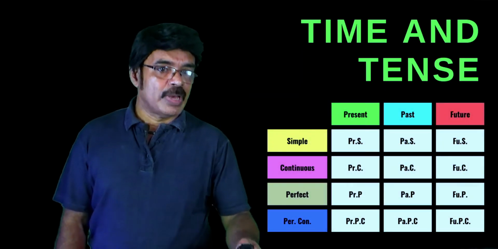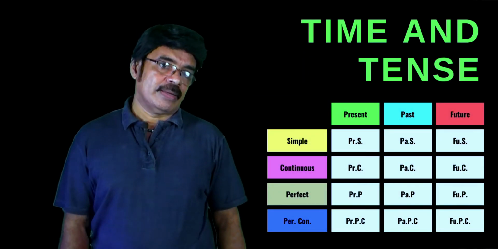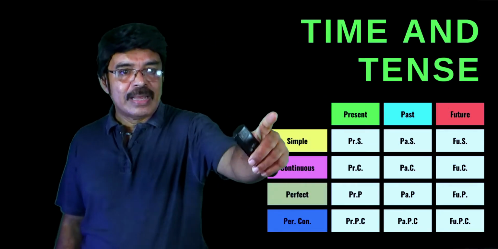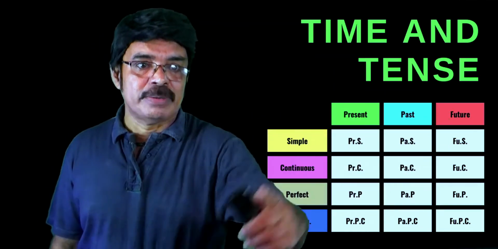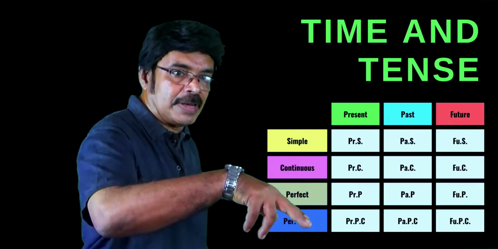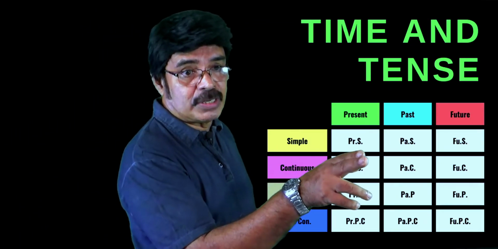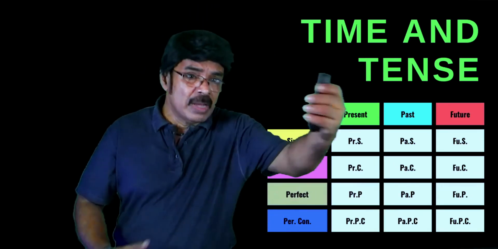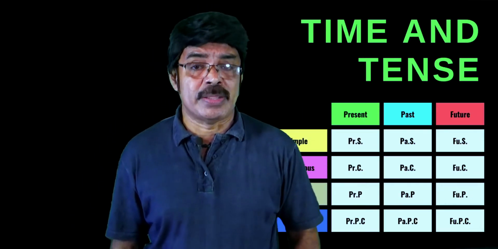At the same time, we did this picture last week, that is present, past and future times, three times, and then simple, continuous, perfect and perfect continuous. Therefore present simple, past simple, future simple and so on come naturally, making it 12 tenses altogether.